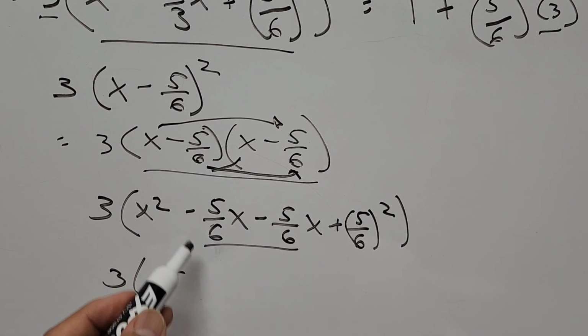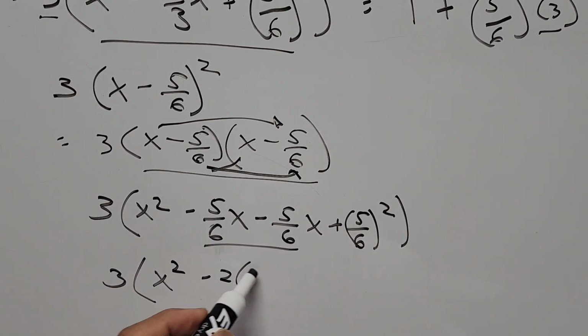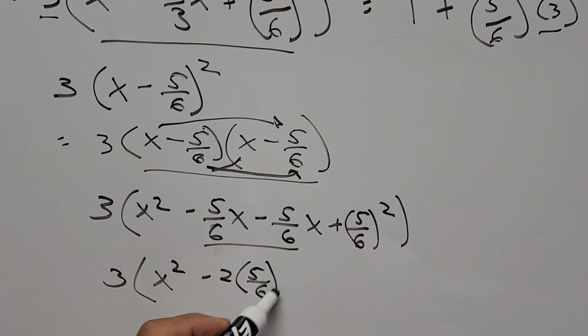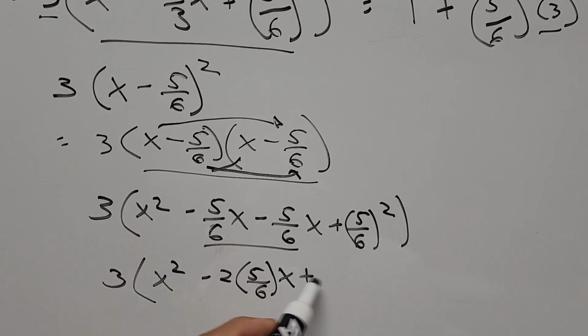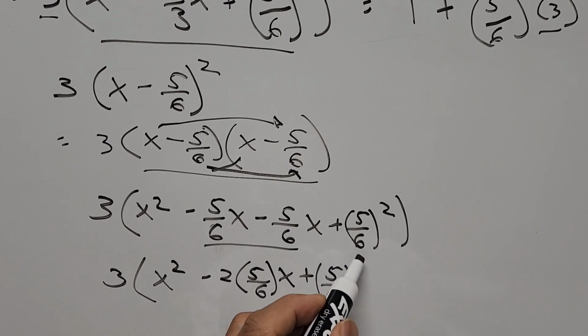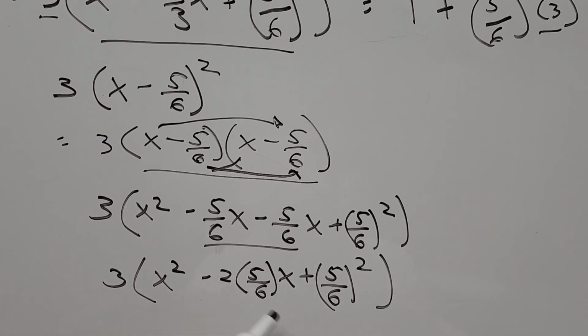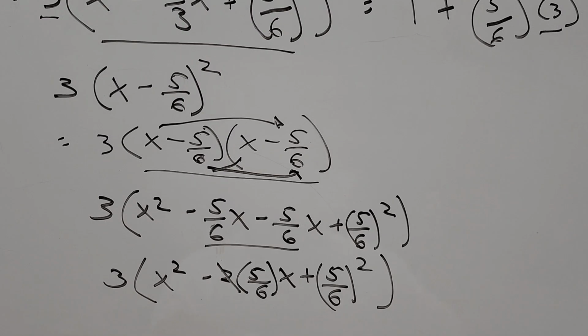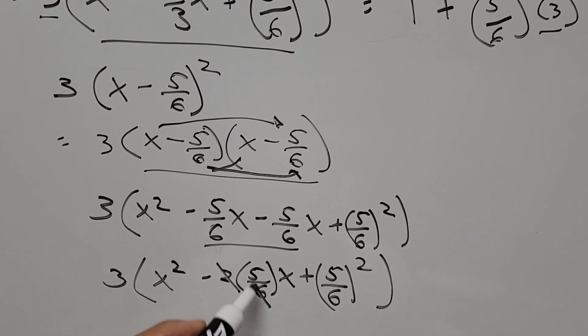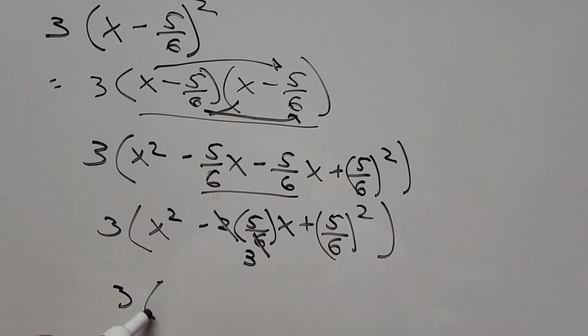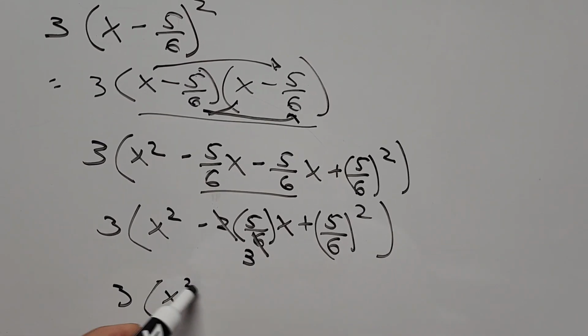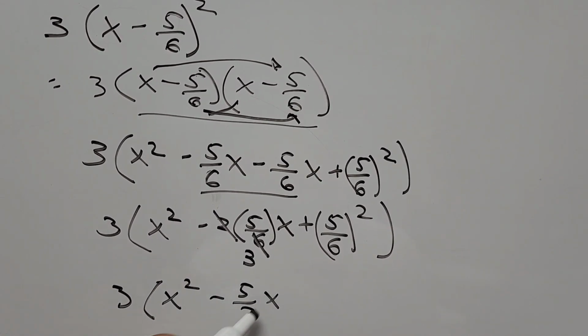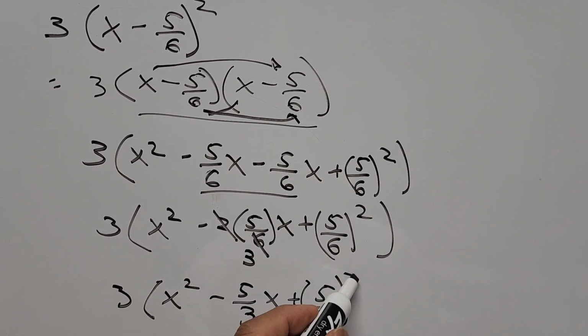So you're adding that, so that you have 2 times 5/6 x plus (5/6) squared. So here 2 over 6 becomes 1/3, so 2 times 5/6 is 5/3. So we have now 3 times the quantity x squared minus 5/3 x plus (5/6) squared.